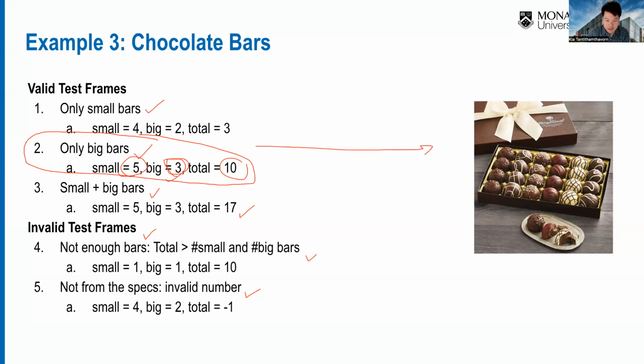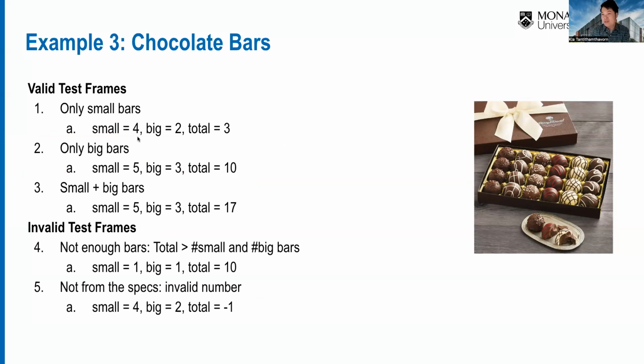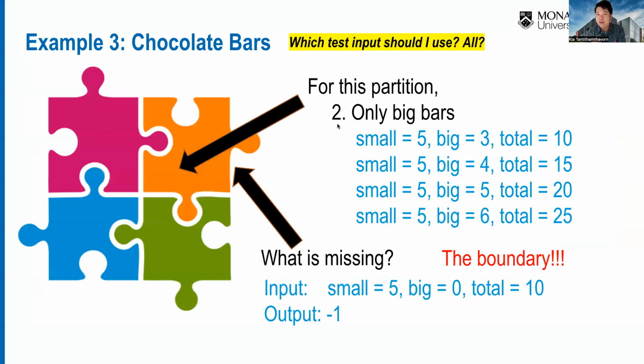When we test only the big bars, there is a range of numbers that we can test, and it is infinite. So the key question is which test cases we should use. That's why we apply boundary value analysis here.